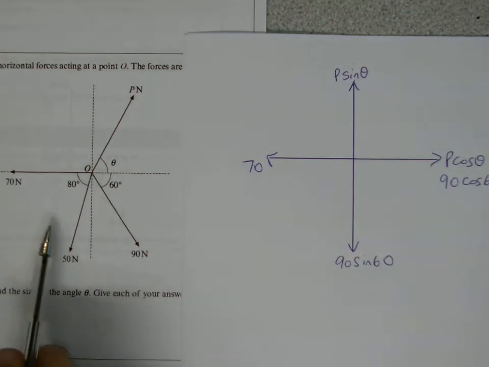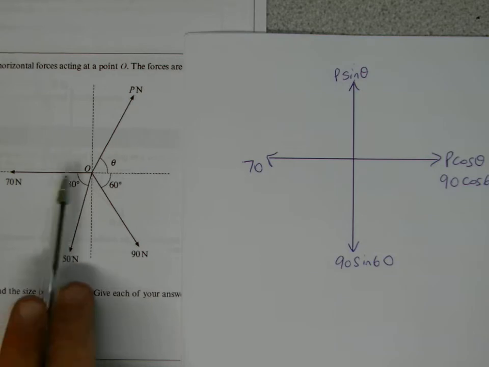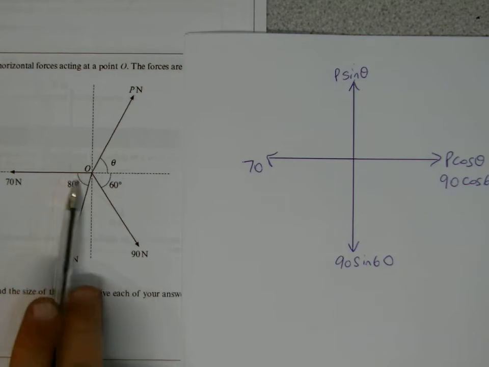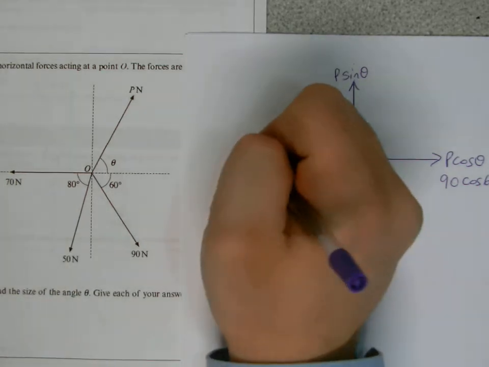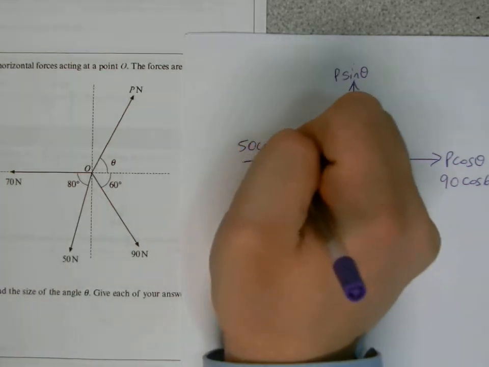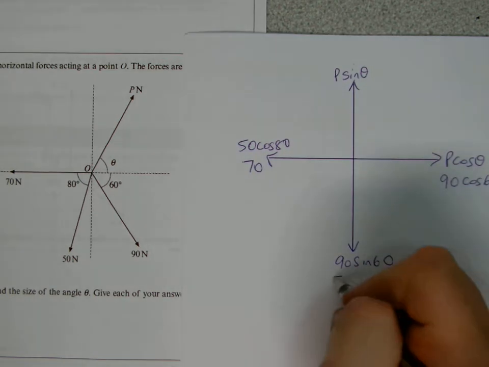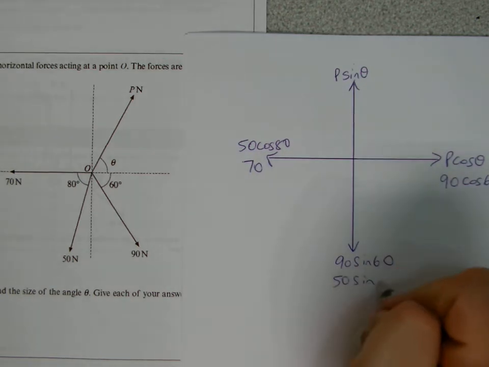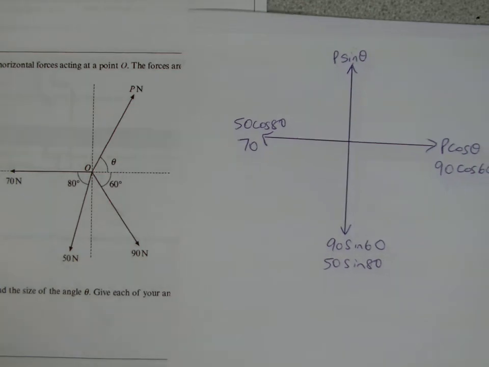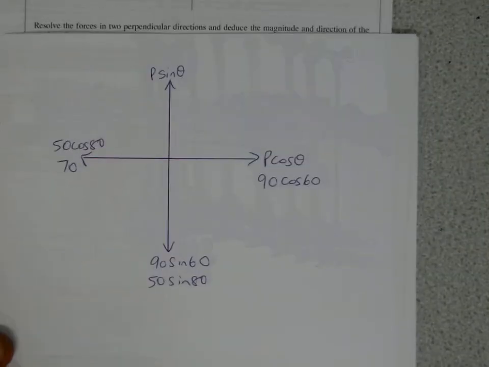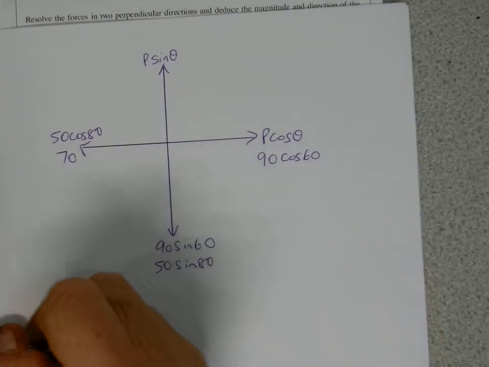Then you've got the 50 newtons, so the adjacent with that angle would be the cos, so 50 cos 80, and then 50 sine 80 here.